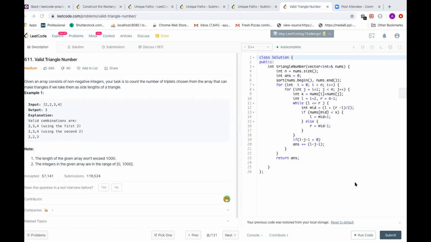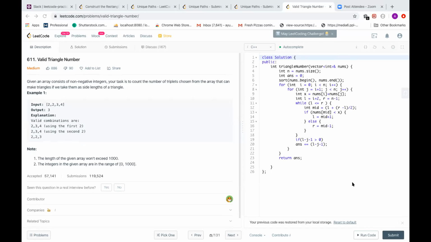Basically, what you guys were doing in the solution was picking one index, the largest one, taking the left and right, adjusting them to a range, and then computing. What I did was, instead of one index, I chose two indices.